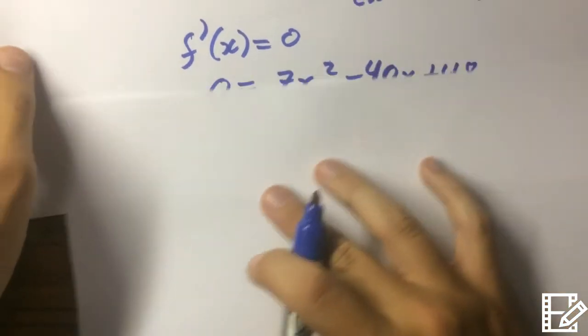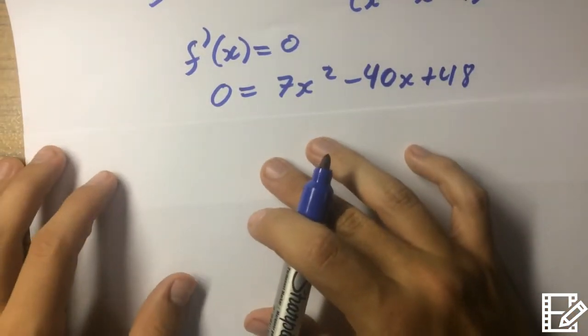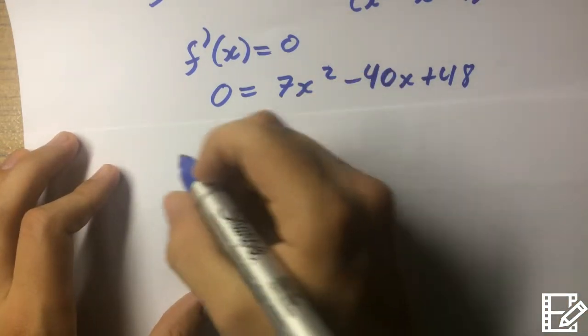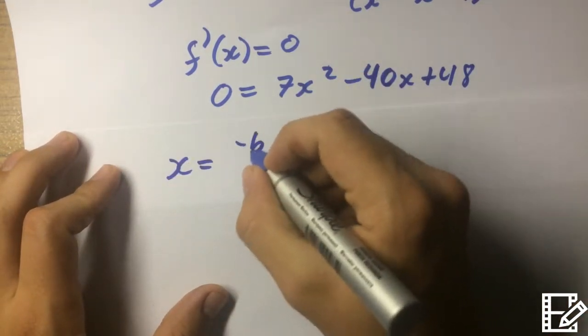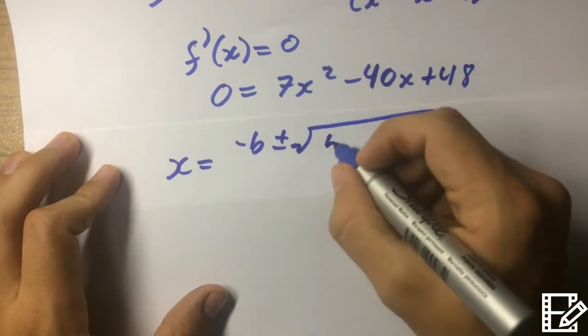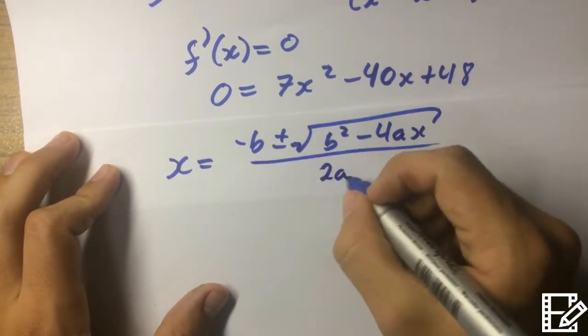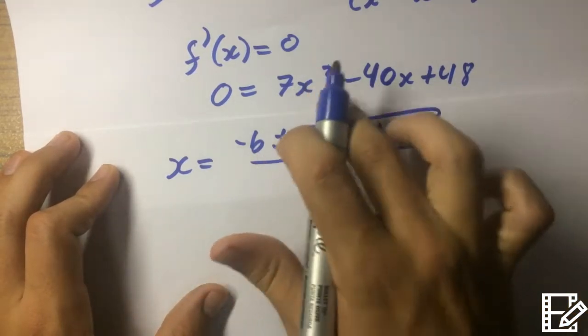Right now, the quadratic formula. I think that's the name of it. I forgot it in the last video too. Basically, x equals negative b plus or minus the square root of b squared minus 4ac, all over 2a, and this is what we're going to use to find our critical points.